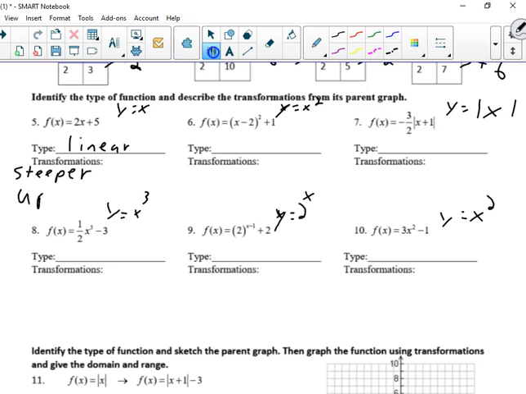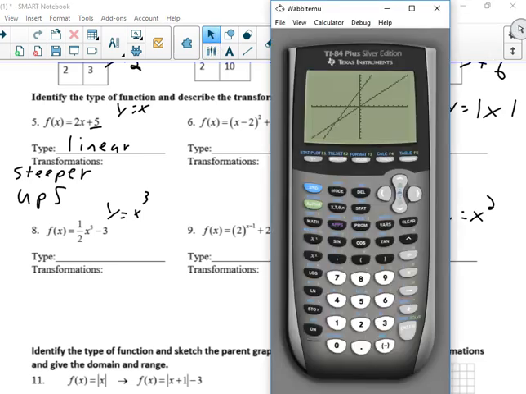And it's up 5. All right? You hopefully recognize that. Technically, you would say it's stretched vertically. It's climbing higher, faster. On other shapes, we talk about being thinner. But there you go. Now, if you need to fast forward to the calculator part because you understand it, that's fine. Okay?